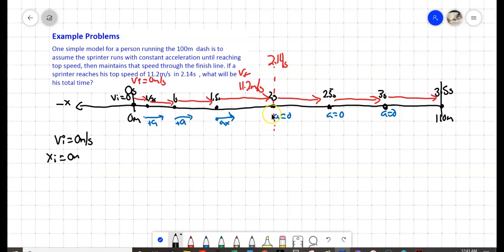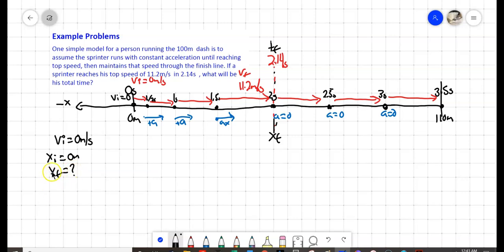We don't know the position where they hit their top speed when they're accelerating. We don't know what that is. My guess is we have to figure that out, because after that it just becomes a pretty simple constant velocity problem. Okay, so we don't know, and I think this is one of the things that we have to find.